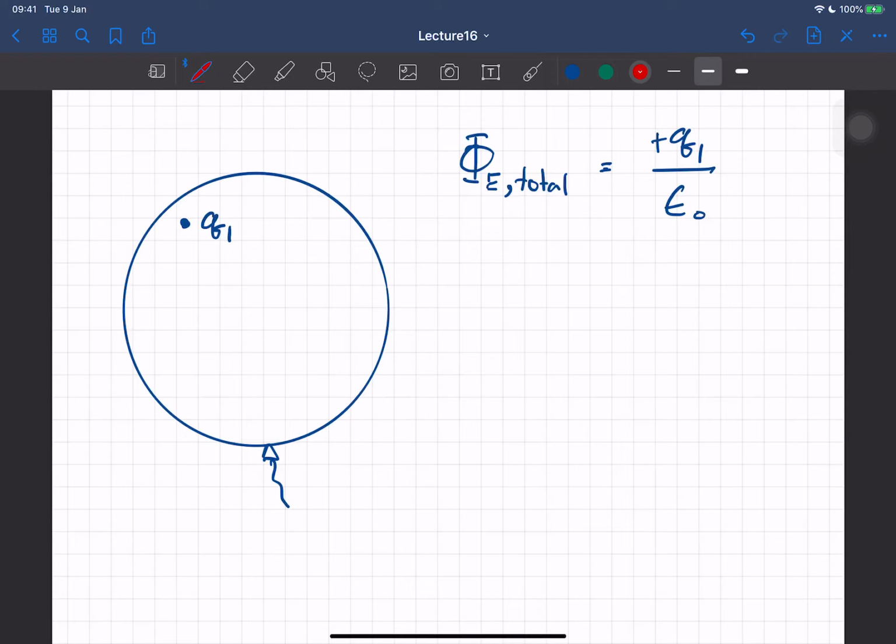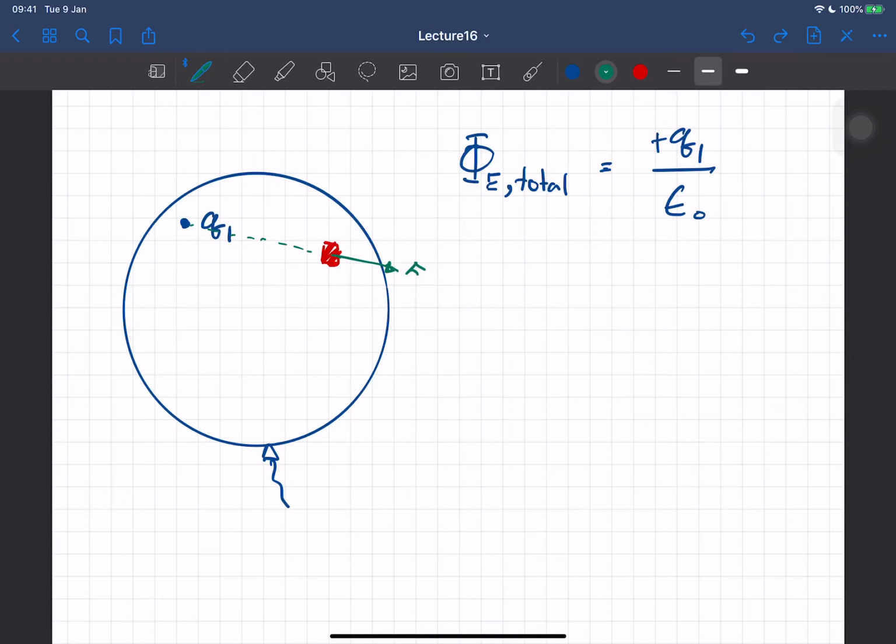So in this case, if I want to know the electric flux at this point, I need to calculate the electric field from this charge, which is going to point this way, and then multiply by this area. And then I have to do the same thing here, here, here. And then here, which has a really strong electric field because it's a lot closer to the charge, right? But if you do this and then you add up the flux over all the surface, you still get this value, no matter where Q1 is, as long as Q1 is inside this balloon, right?